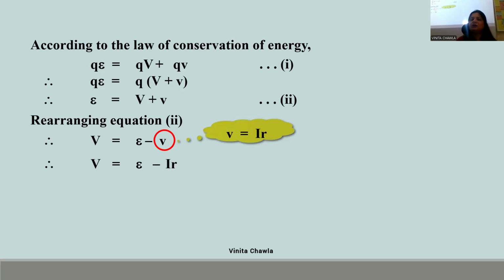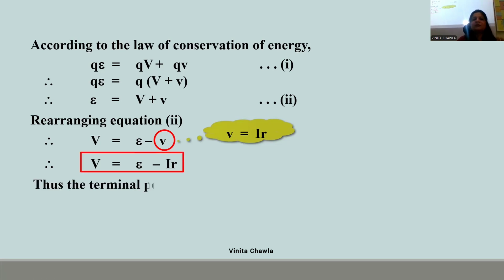This is one relation. So capital V is equal to E minus Ir. Okay, we use this relation in numerical problems. Any doubt? Sneha, any doubt, bete? Continue करें.